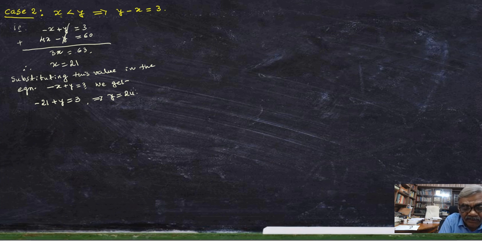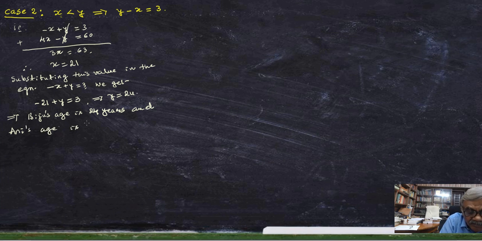Now, Biju is older than Ani. This implies Biju's age is 24 years and Ani's age is 21 years. And therefore, Biju is older than Ani.